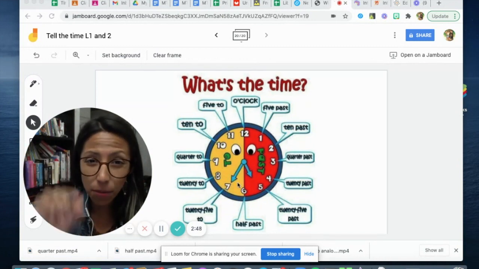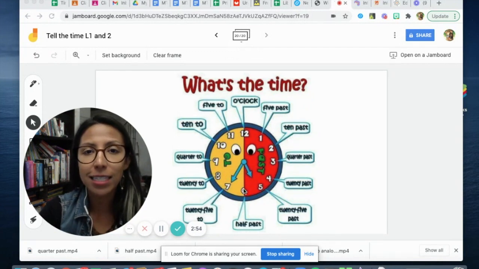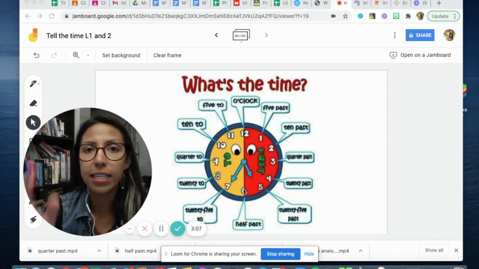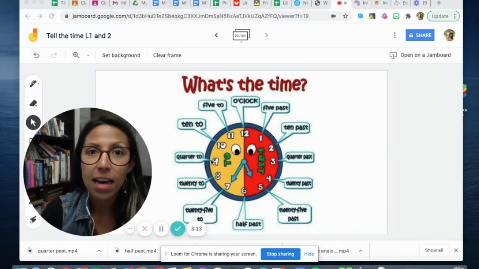In this particular case, we would say 25 to 6, according to the hour hand. If this minute hand would be here, we would say 20 minutes to 6, the next hour. If this minute hand would be here, we would say a quarter to 6.